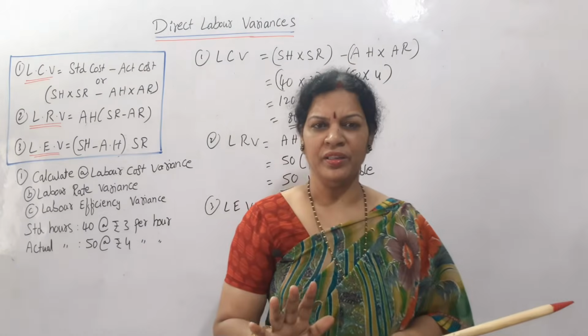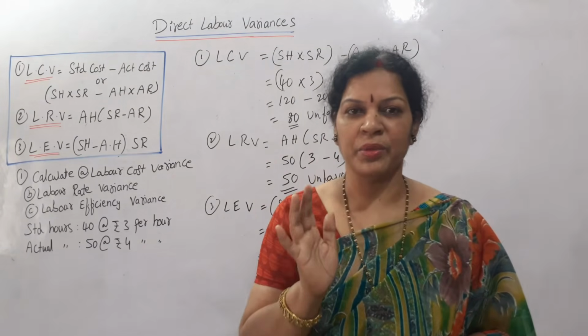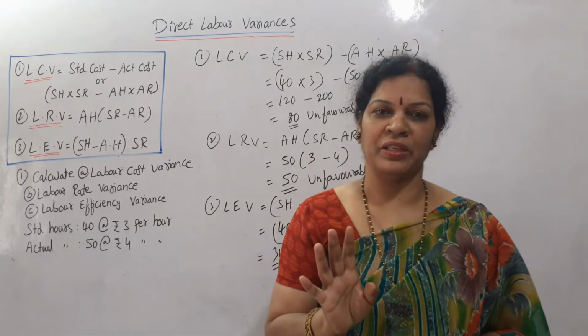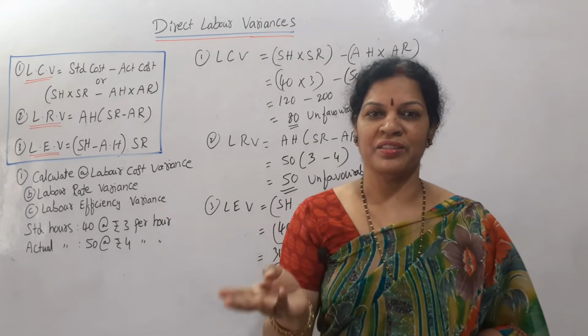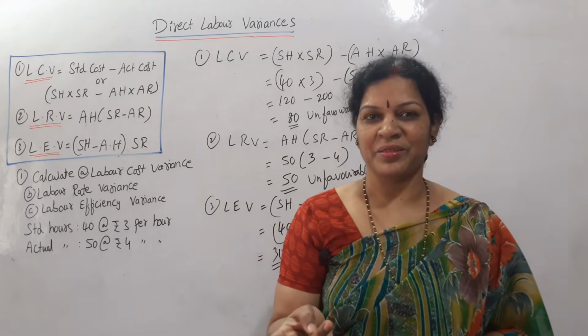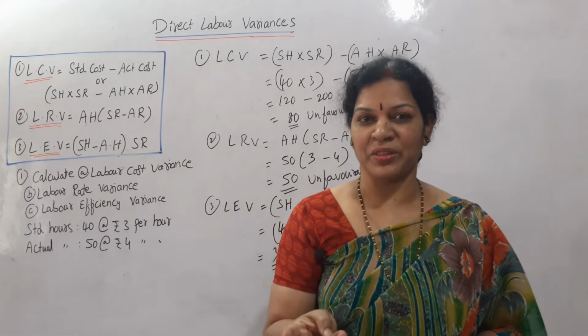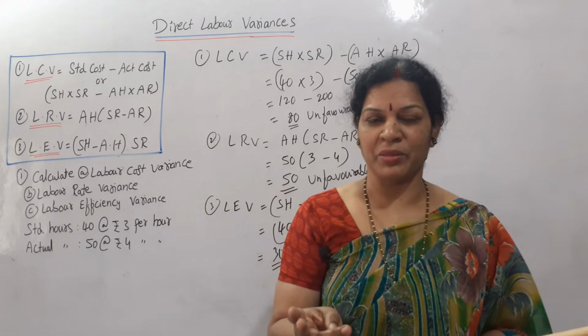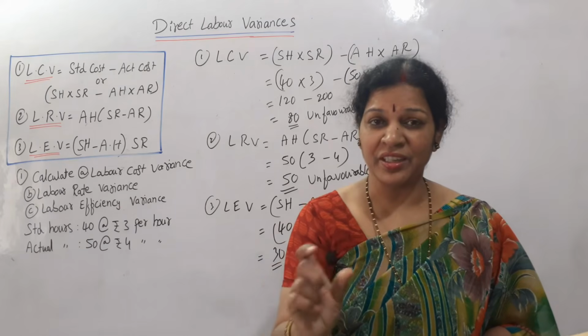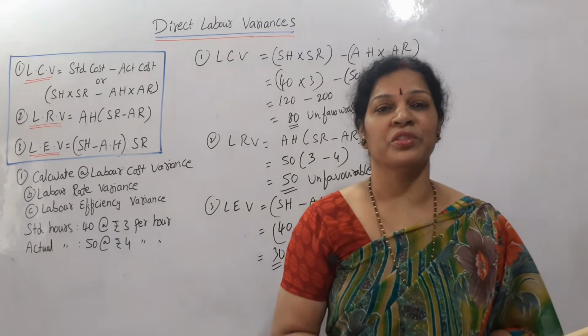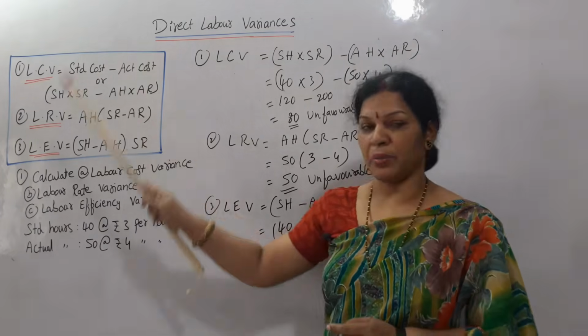Simple, nothing to worry. If you understand the material variances, labor variance is the same way. If you compare the pattern, you will find it almost the same. Remember these formulas.